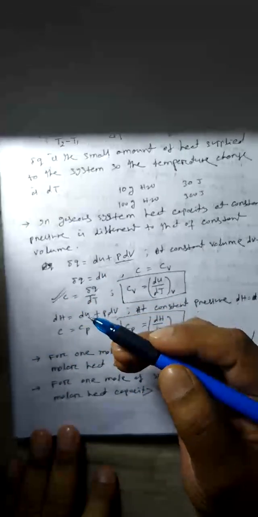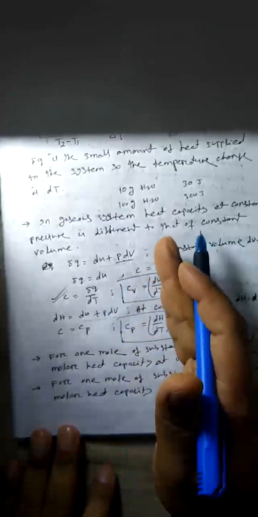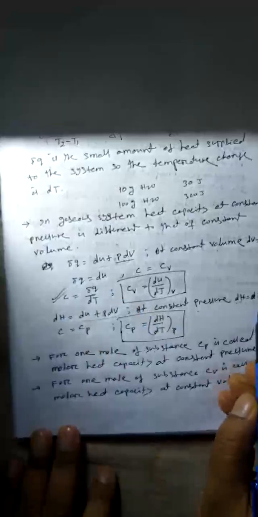But dH is at constant pressure. When we say enthalpy, it means constant pressure. When we say internal energy, it means constant volume. So both right hand sides are same, so dH is equal to del Q. So in place of del Q I can write dH.